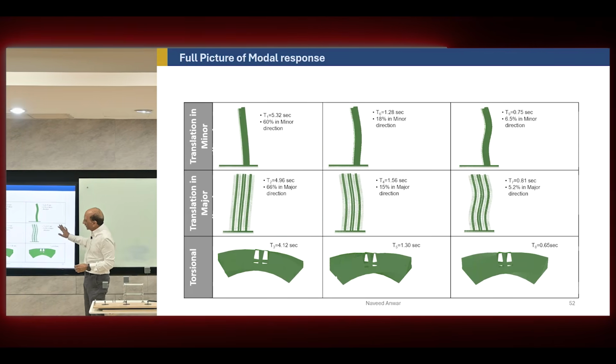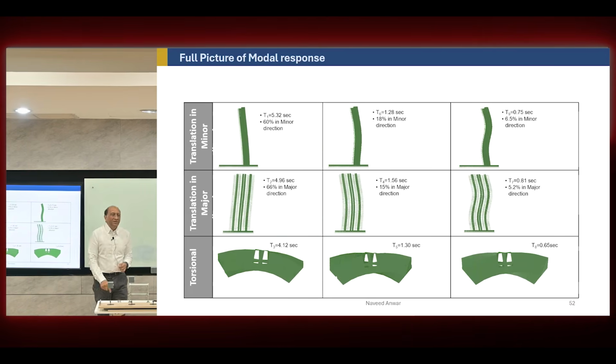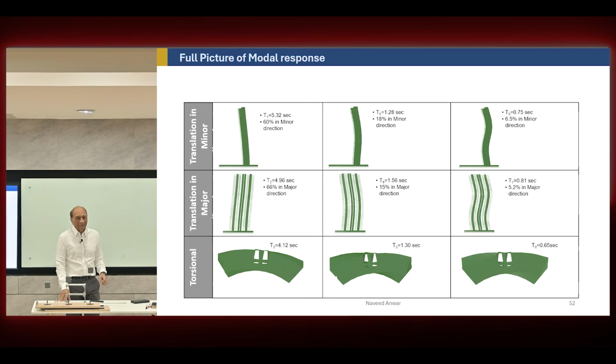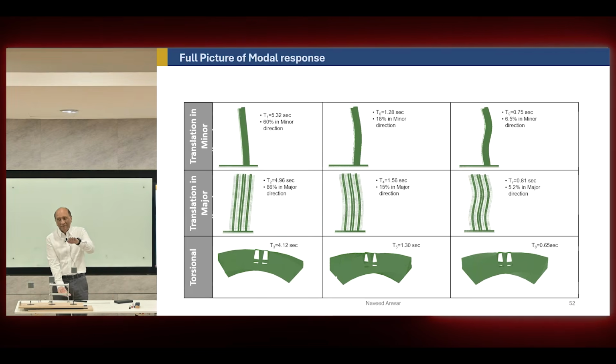And for earthquake analysis, the sum of all the modes' mass participation should be equal to 100 ideally. But we normally accept up to 90% is enough. If there is mass below the basement, it will never move. So if you include that in the building, you will never get 100% or even 90%.